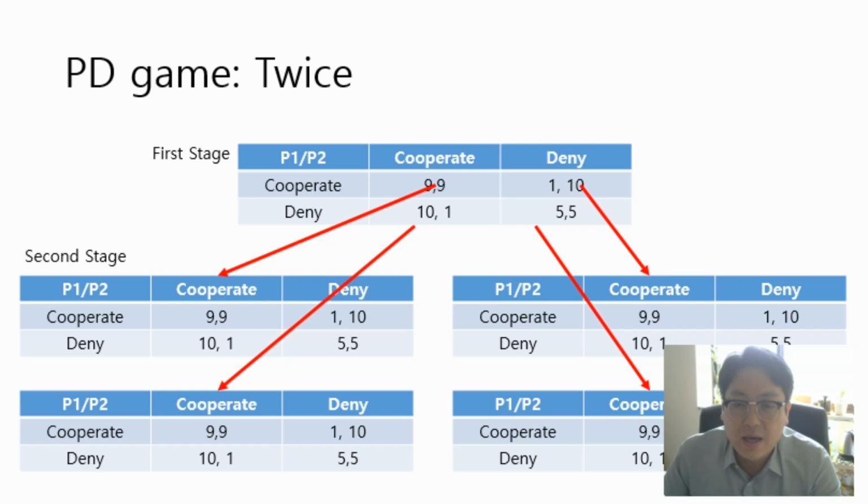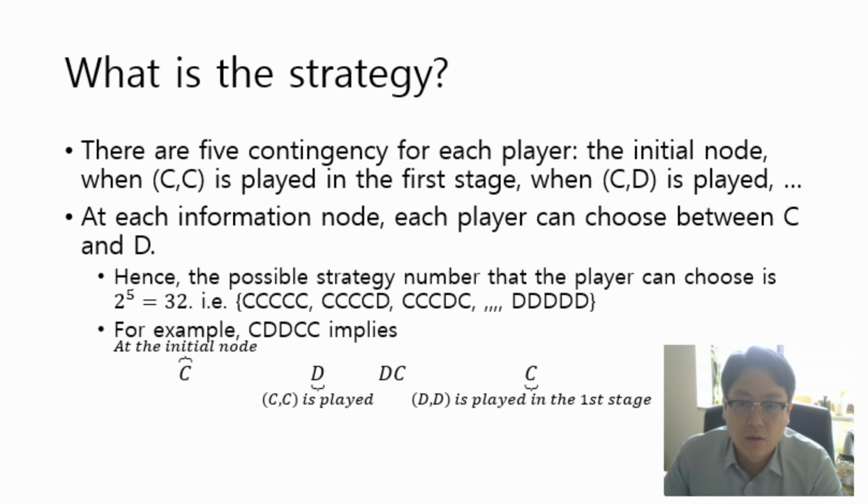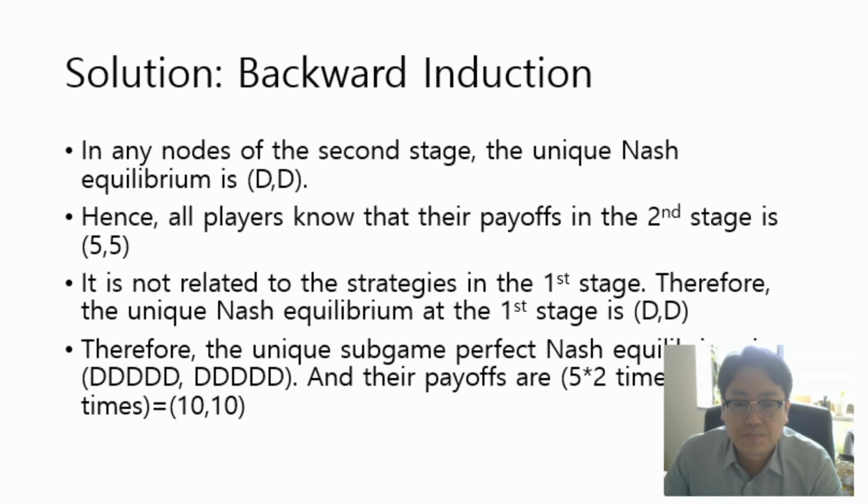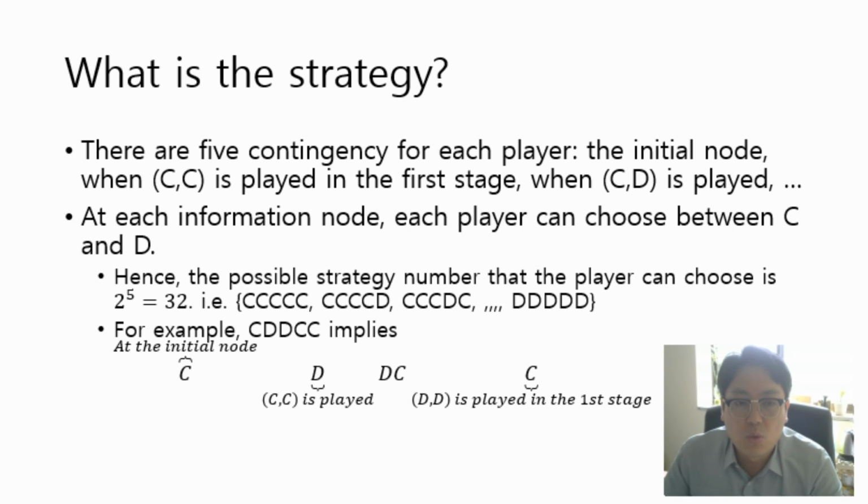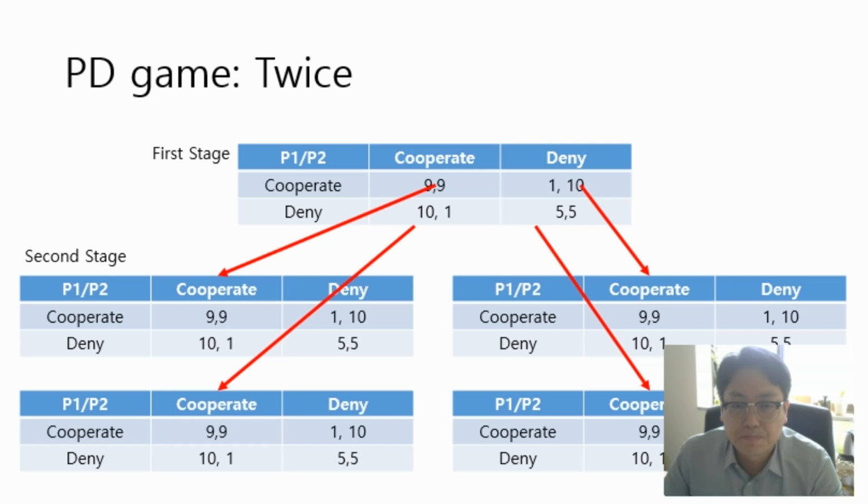In every kind of second stage, the only Nash equilibrium is to choose deny and deny, right? DD is the only Nash equilibrium that people can choose. In any second stage, in any situation, the Nash equilibrium is that both choose deny and deny, right?